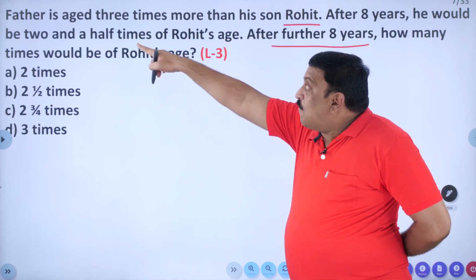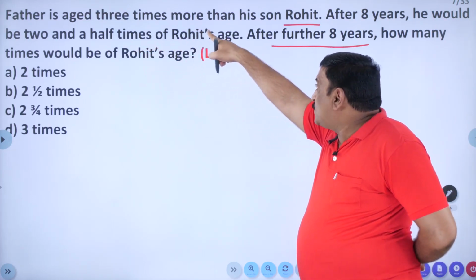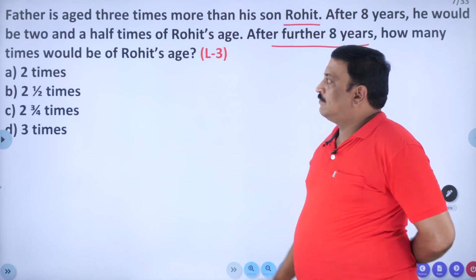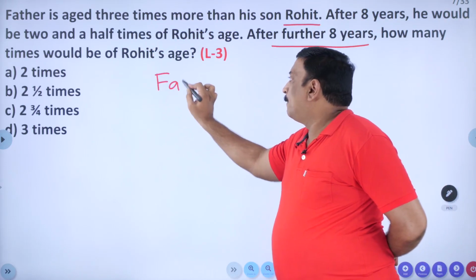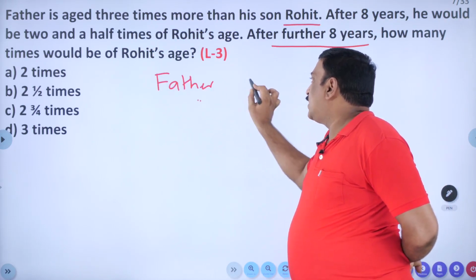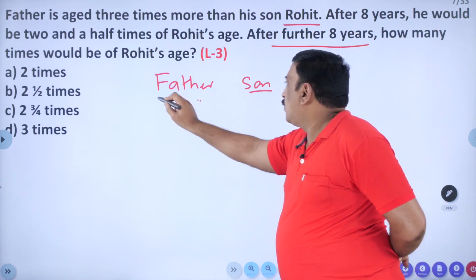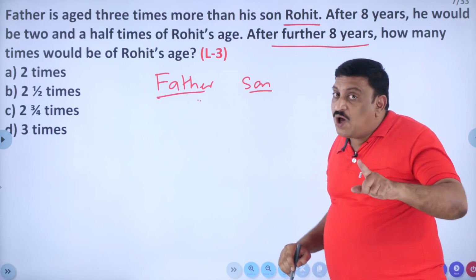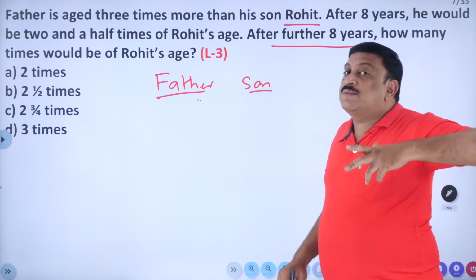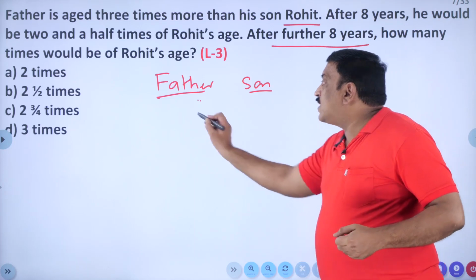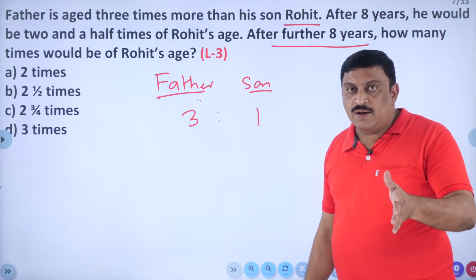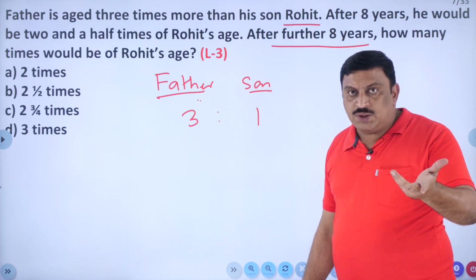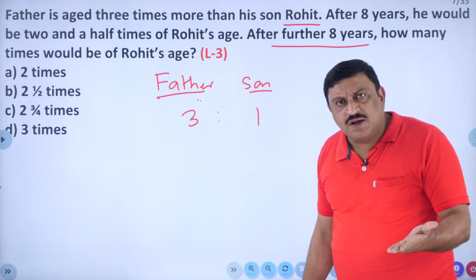Just see. Father is aged 3 times more than his son. Father, son, both are there. Right? Father is aged how? He is 3 times more than his son. That means what is the ratio? It is 3:1. Is it 3:1?